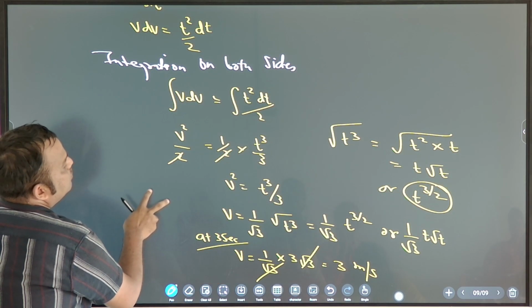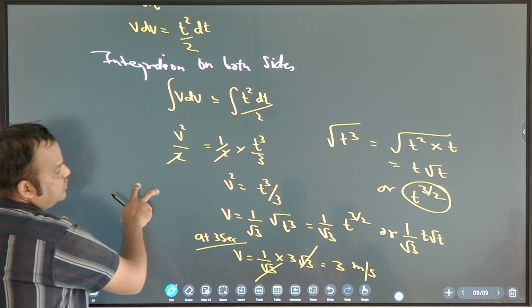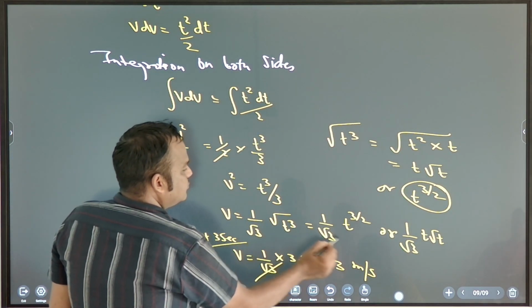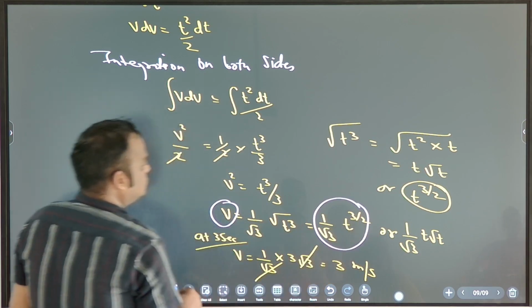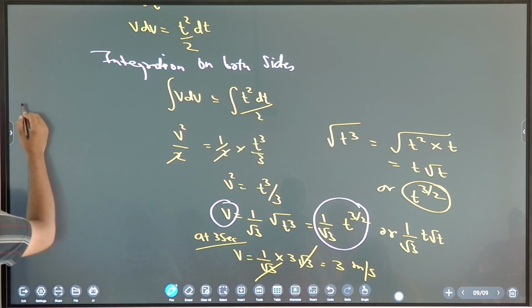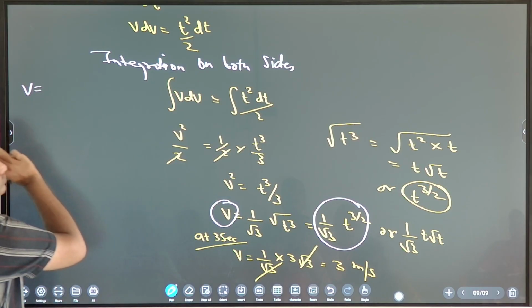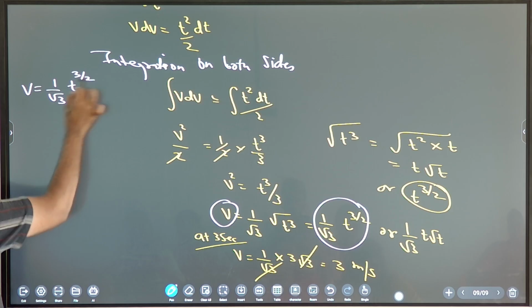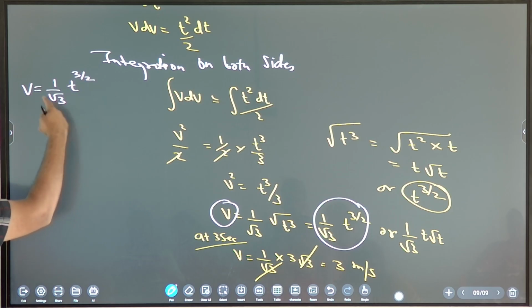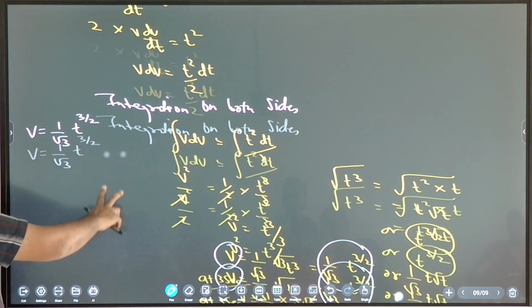Now let's look here. This is velocity: 1 by root 3 t power 3 by 2. Now I want position also. What is the question?